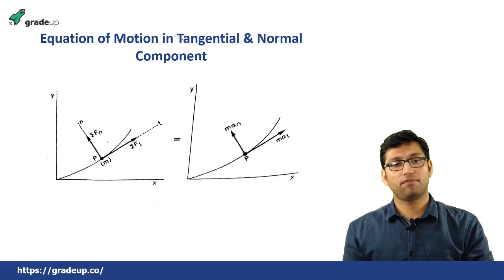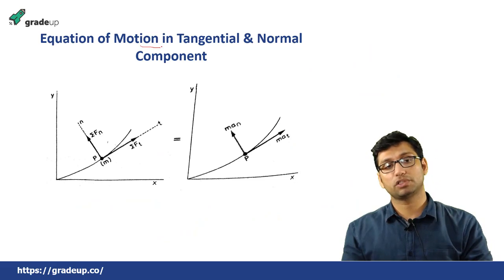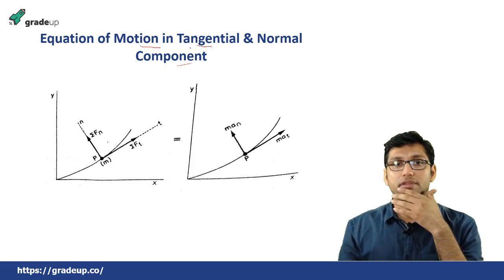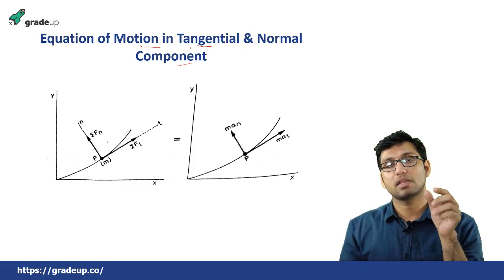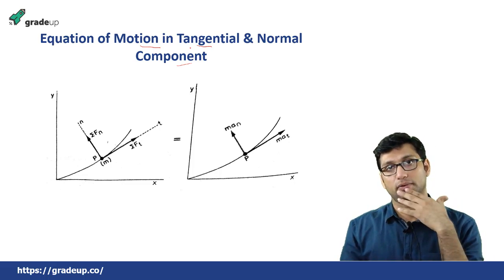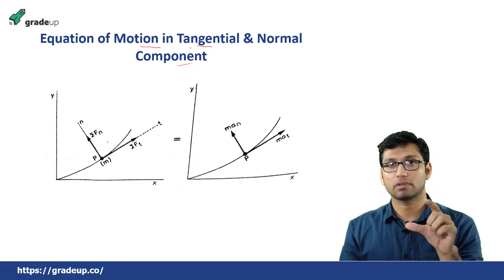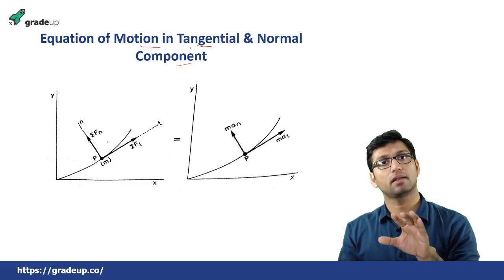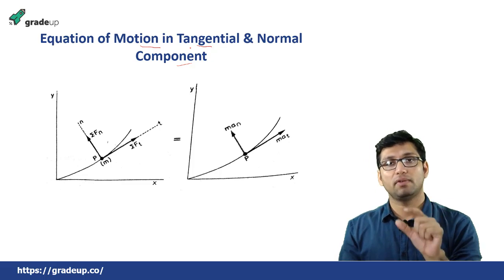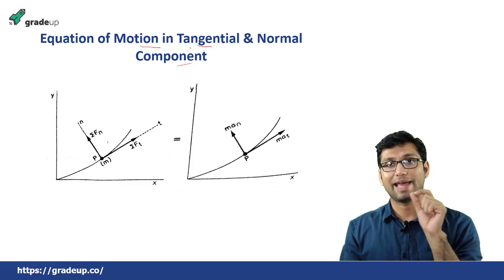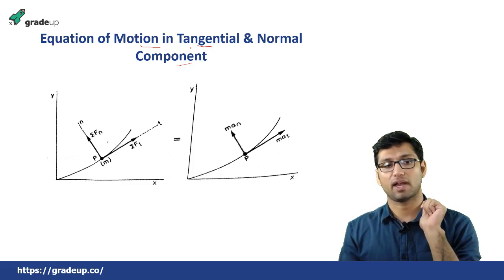Now if we consider the equation of motion in the tangential and normal components, as we have studied, the motion of the particle can either take place in a straight path, which is called rectilinear motion, where it will have two components of forces as well as acceleration in the x and y direction.